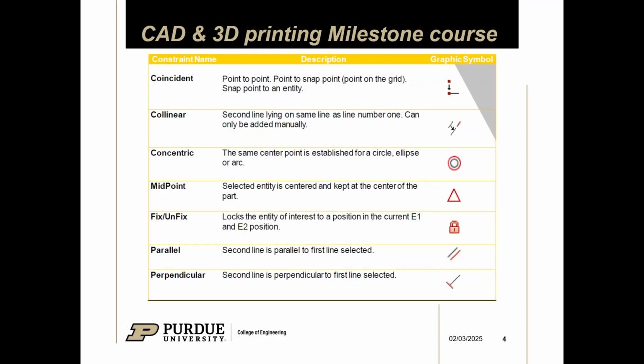I will say though, there is a fixed constraint with this lock symbol. I really encourage you to avoid using that as much as possible because it's bad practice. Basically, you can move something arbitrarily and then fix it in place, but it's not really accurate, right?